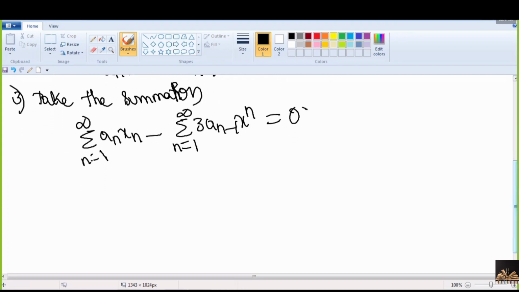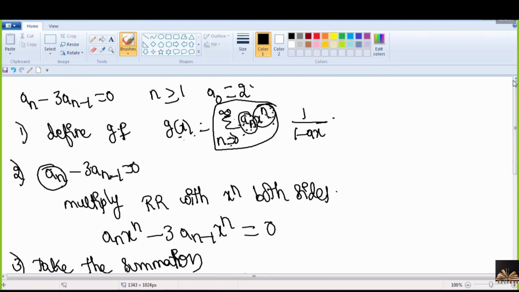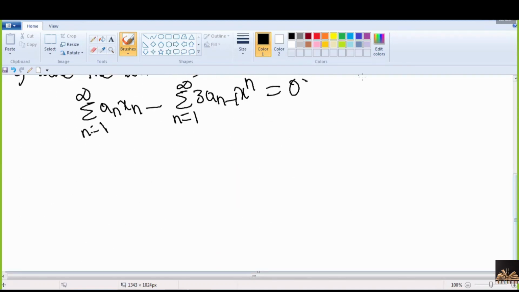Now you can write it as, when you observe the fourth formula. What is the fourth formula? Sorry, I erased it. So we know that summation of n equal to 0.